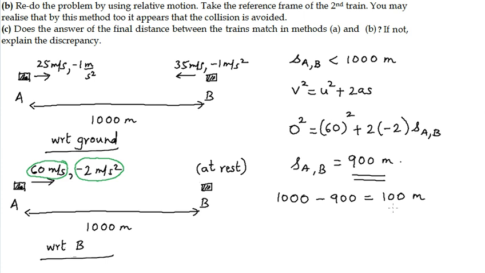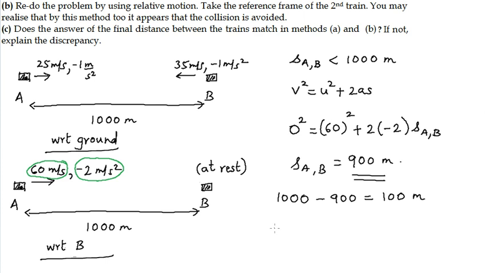However, unlike in the previous method, the final distance between the two trains is now 100 meters, whereas in the previous method with respect to the ground, the final distance turned out to be 75 meters.